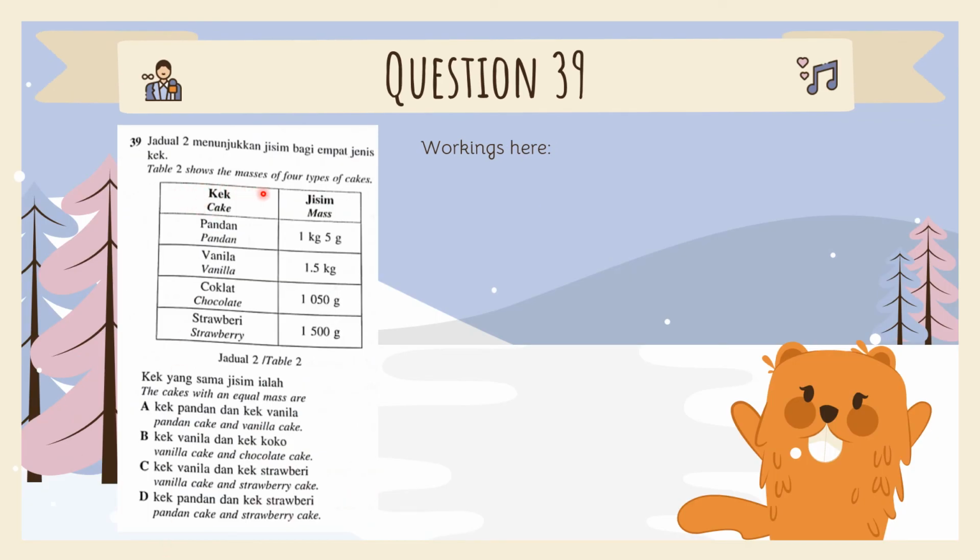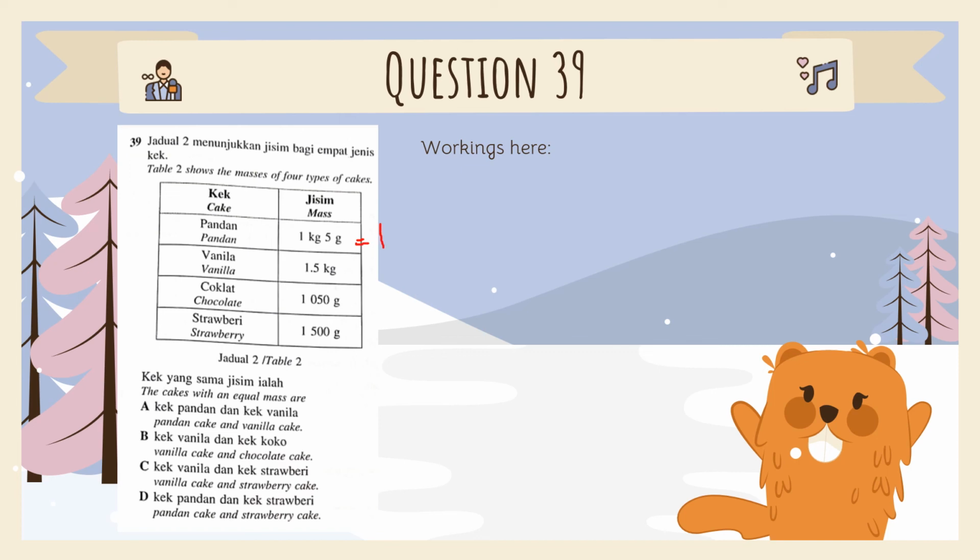Okay, question 39. Table 2 shows the masses of 4 types of cakes. So pandan, vanilla, chocolate, strawberry. The cakes with an equal mass are, so they are asking which of the cake has equal mass, which means has the same mass. So to be easier for us, we just change everything in gram.